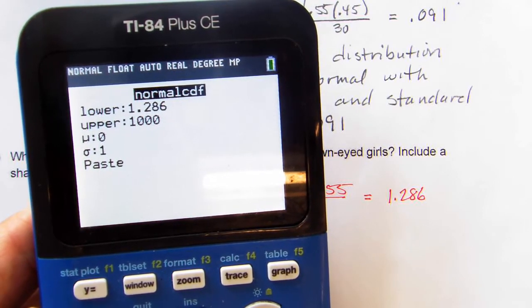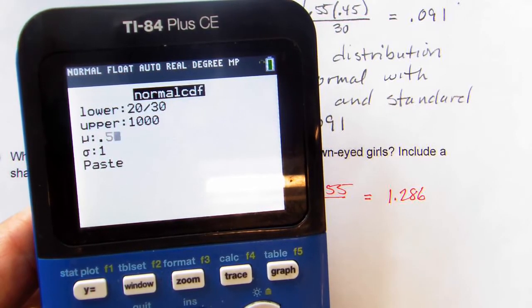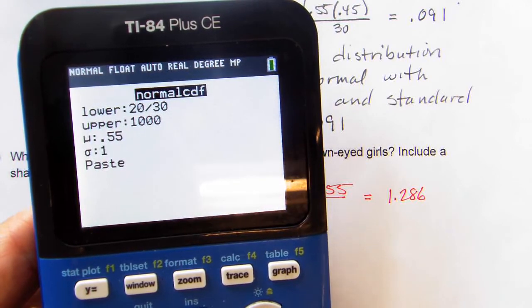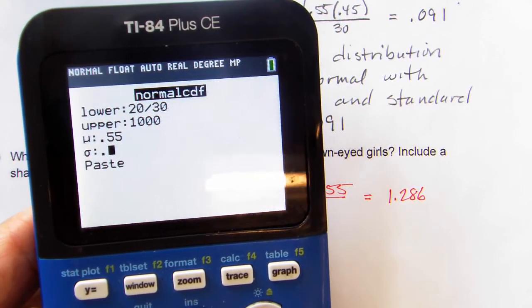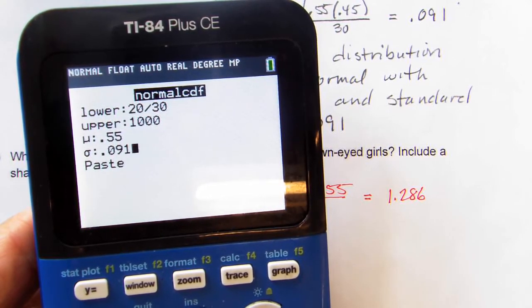Now another way to do this, without using a z-score, is we're going to use our raw value of 20 divided by 30. See if the calculator likes that in a second. Our upper bound is going to be some big number like 1,000, but now we're taking non-standardized, so 55% was in the middle, and that had a standard error of 0.091.